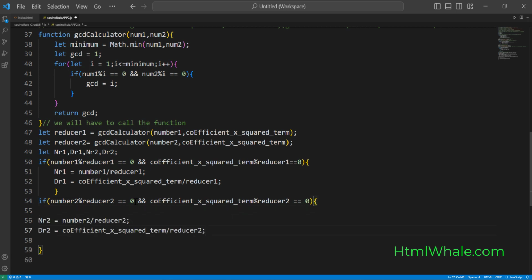So we are actually looking for perfect division, so we don't want any fractional quantities.